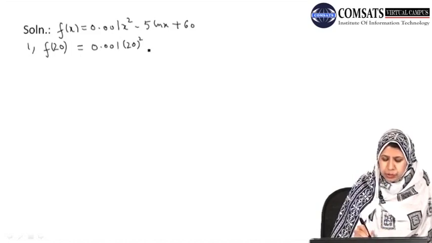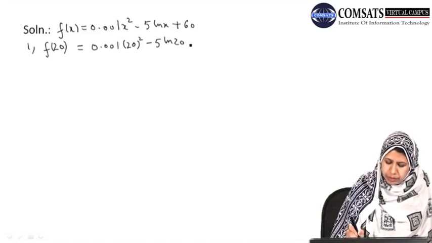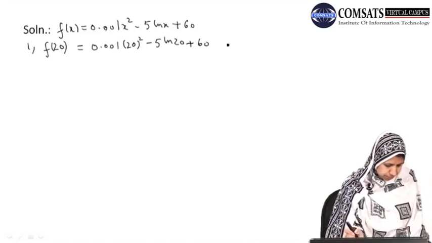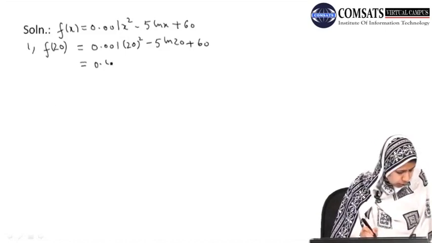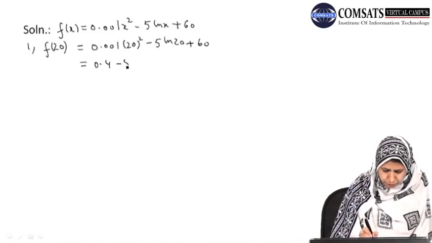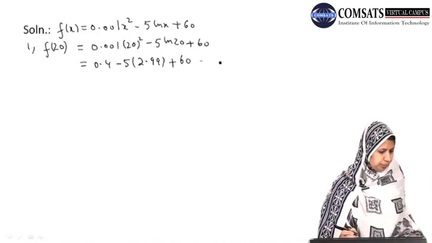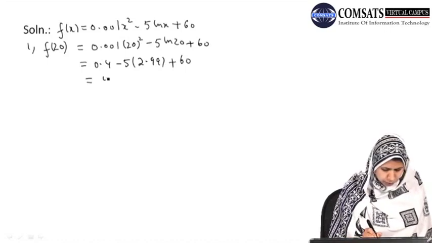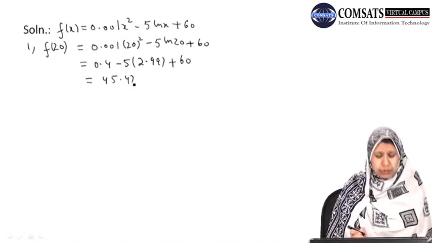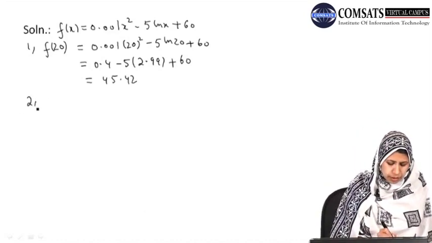We obtain 0.001 times 20² minus 5 times log of 20 plus 60, which is 0.4 minus 5 times 2.99 plus 60, and by simplifying we obtain 45.42 will be the cost if 20 analysts are used.